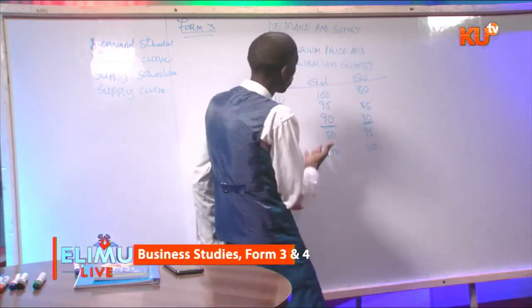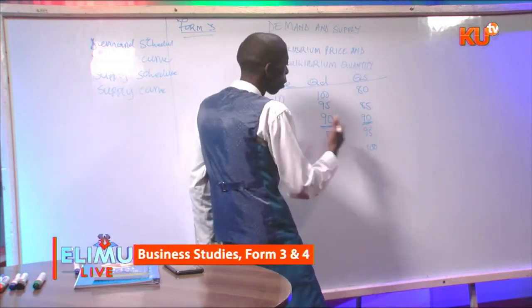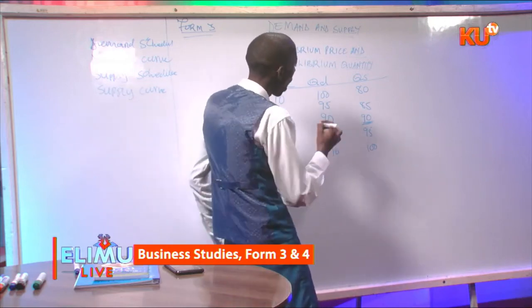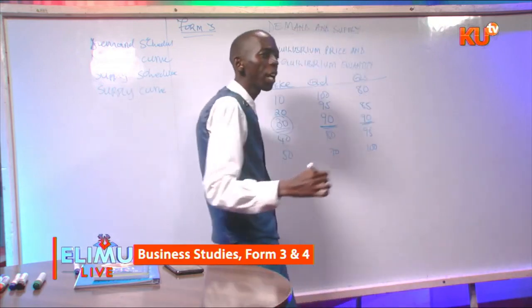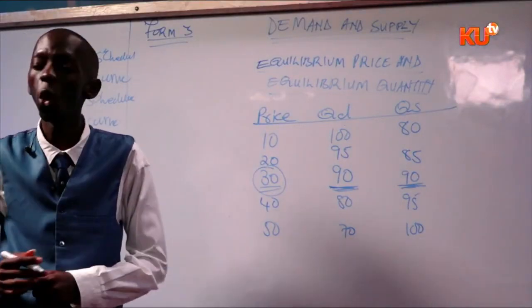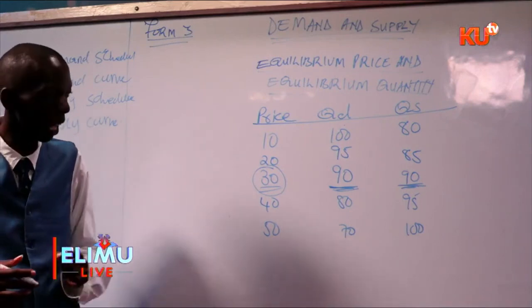If we were dealing with loaves of bread, 90 loaves of bread is the equilibrium quantity, because it is the quantity where the demand is equal to the supply.